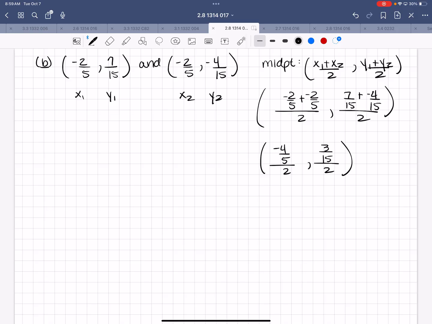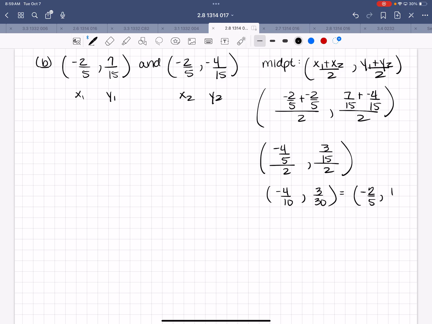That one I don't think will ever die. So this is really -4/5 times 1/2, which gives me -4/10. And 3/15 divided by 2 is 3/15 times a half, so that's 3/30. If I simplify that, that's going to give me -2/5. And we knew that we were going to get the x to be -2/5.